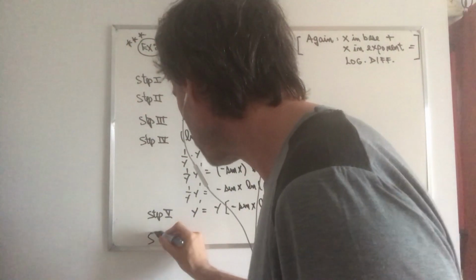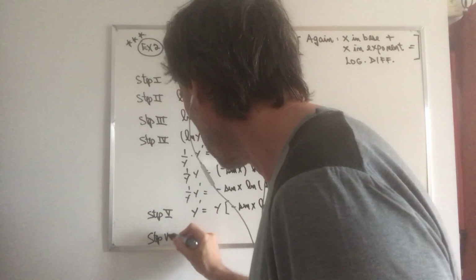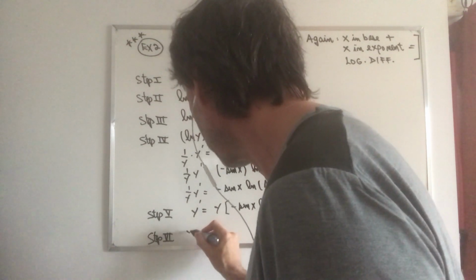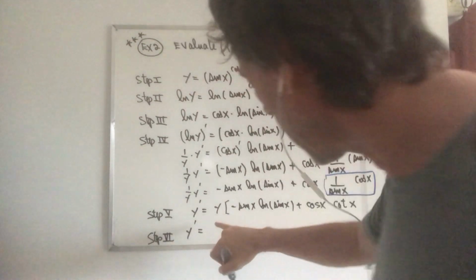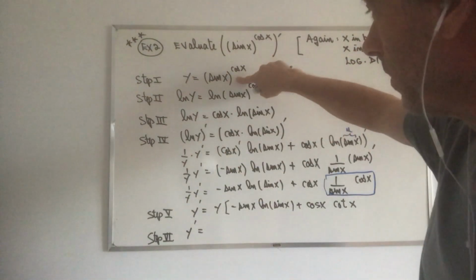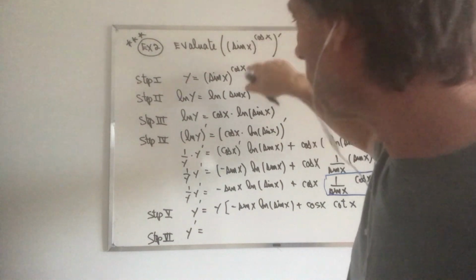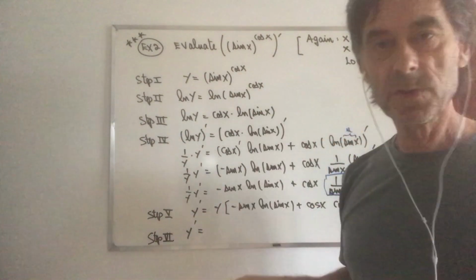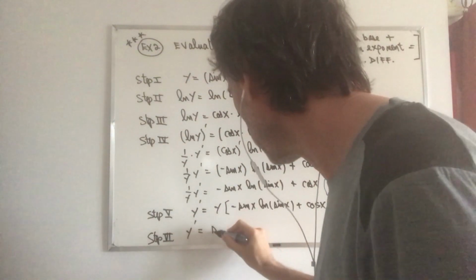Finally, step 6, we want not to forget to replace the y that is here with its original name that we have given it in step 1. So y was sine x to the power of cos x. So here we go. That's it.